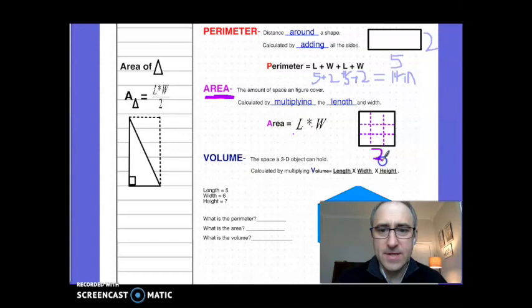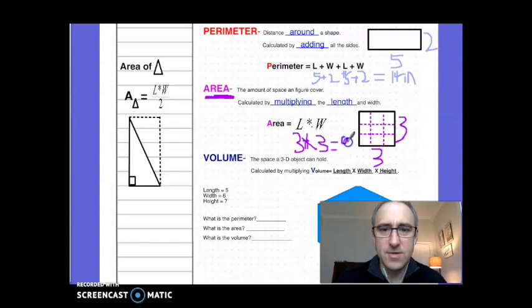If we said this is 3 feet long and 3 feet wide, that would actually be dividing up that room or box into 3 sections long and 3 sections wide. When we take 3 times 3, we get 9.